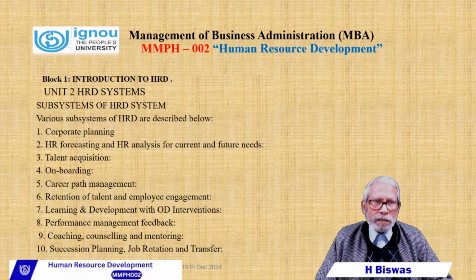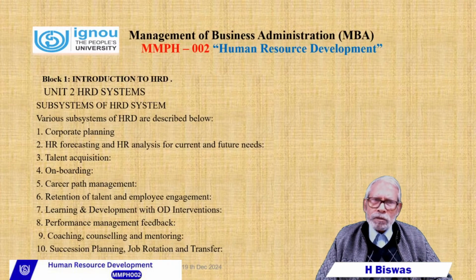There is corporate planning, corporate forecasting and HR analysis, talent acquisition, onboarding, career path management, retention policies, talent engagement, employee engagement, learning and development with OD interventions, performance management, feedback, coaching, counseling, mentoring, and succession planning. All are part of the subsystems of the HRD system.